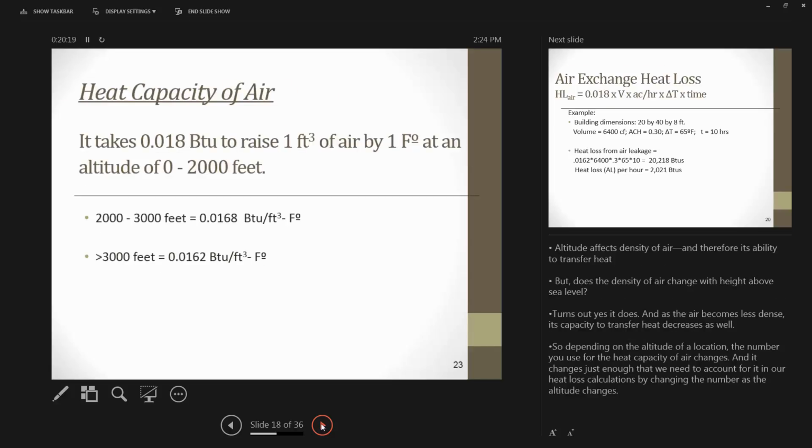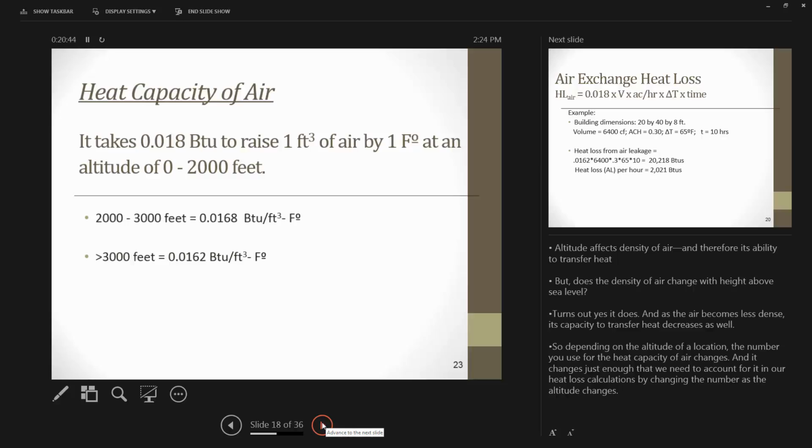One thing we have to calculate for is that the heat capacity of air changes with altitude. For convective heat loss calculations, anything over 3,000 feet is going to be 0.0162, and that's what we'll use here for our little example.